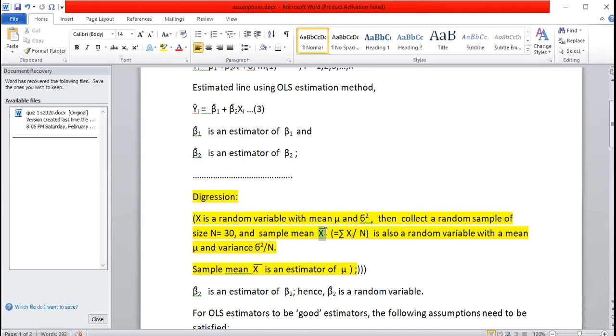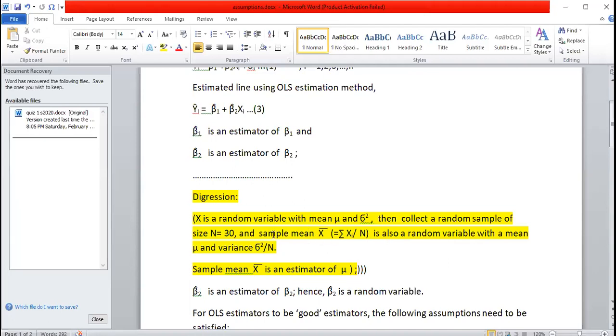This x bar is an estimator of mu. You want to know mu, so you find x bar, which is an estimator of mu. And x bar is also a random variable. So an estimator is nothing but a random variable.